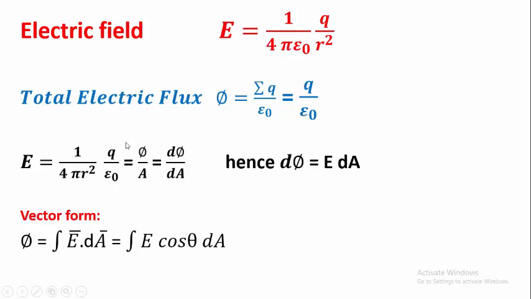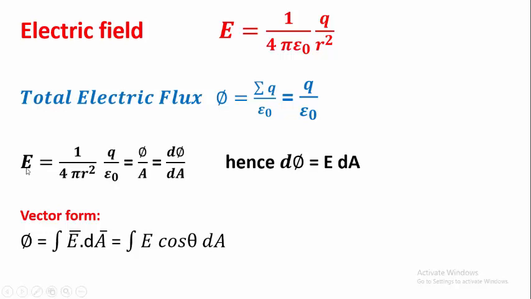If we take this electric field equation and just reshuffle it, just epsilon 0 has been taken here and R square has been taken here. So it appears quite different because Q upon epsilon 0 is nothing but phi and 4 pi R square is nothing but area.